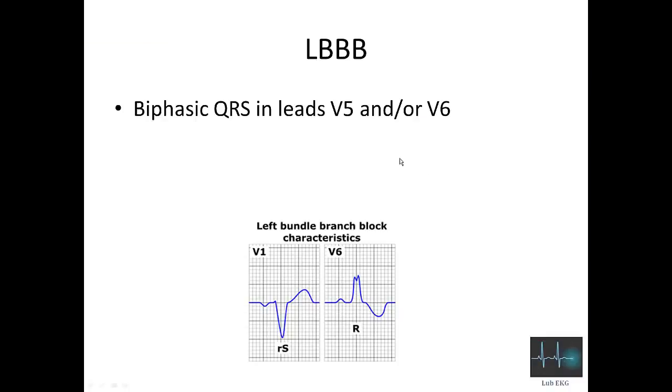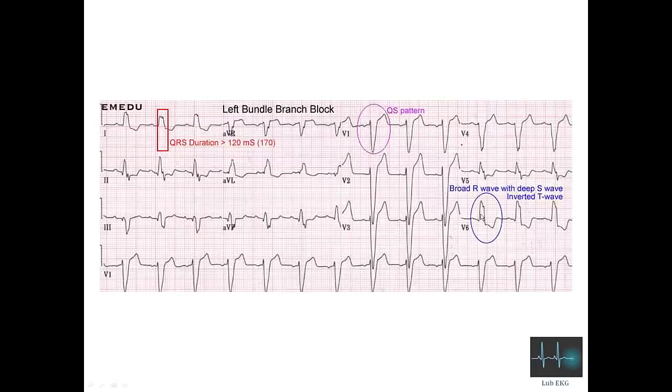Left bundle branch block, we know that V5 and V6 of the precordial leads look at the left side of the heart. So if you have these biphasic QRSs, bunny ears, M's, whatever you want to call them, in lead V5 and or V6, it's indicative of left bundle branch block, as we can see here.